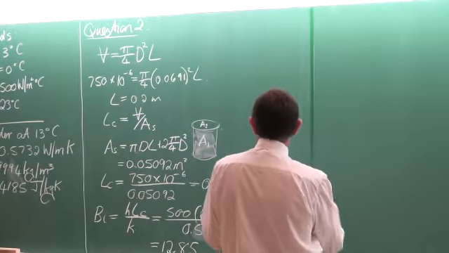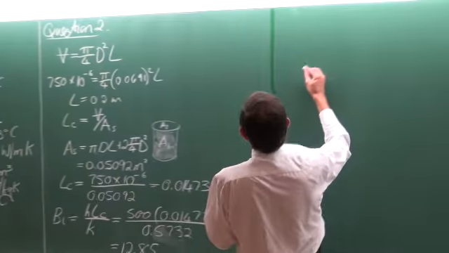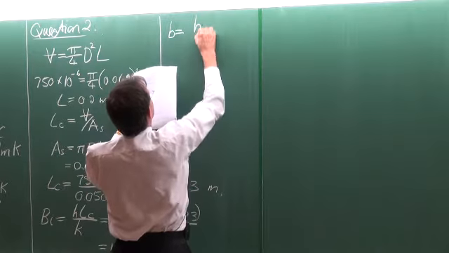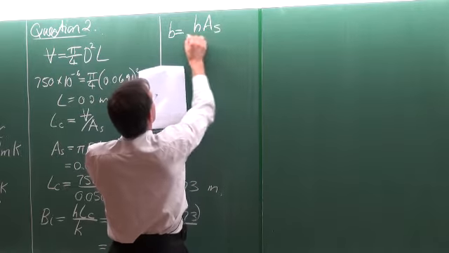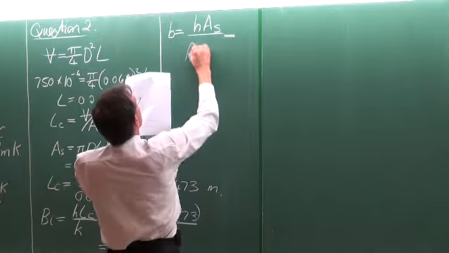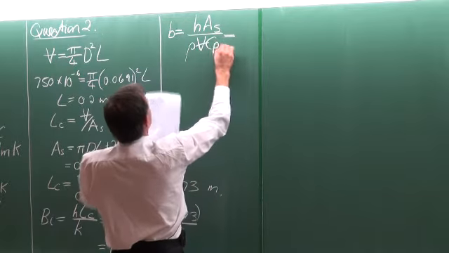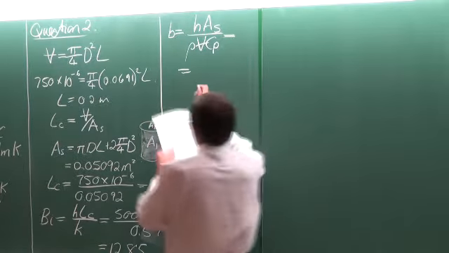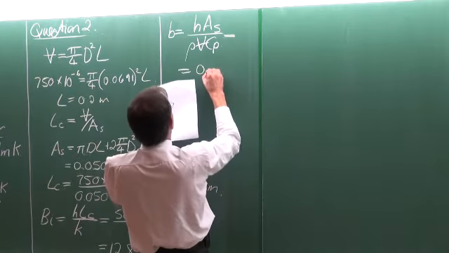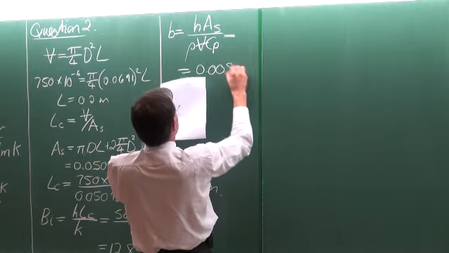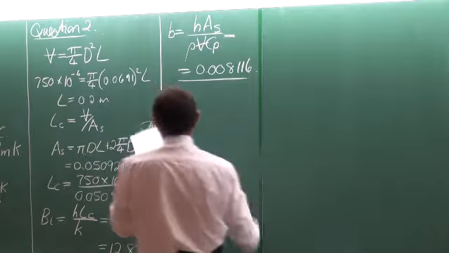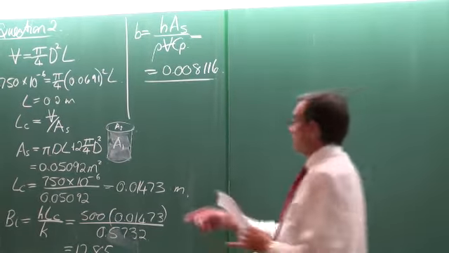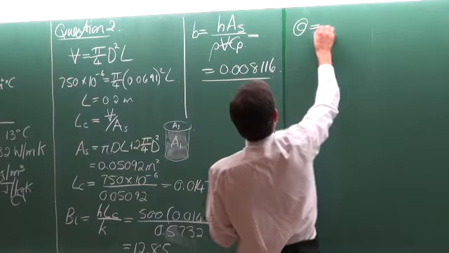And we do that by starting to say that we also need to calculate B. In the equation, B is equal to the heat transfer coefficient multiplied by the surface area divided by rho, the volume, and Cp. Everything has been given or determined, and that means that if we calculate B, it is equal to 0.008116. And we can also calculate the non-dimensionalized temperature.